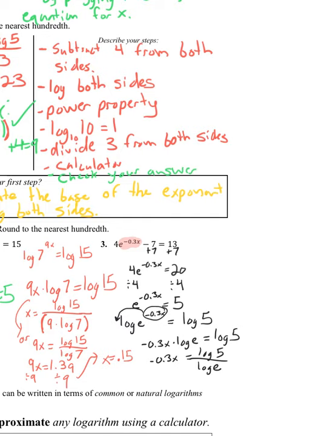And then I'm going to get some weird number. I think in this case it was like 1.61. And then my last step, I'm going to divide both sides by negative 0.3. And I should get x equals, it's like negative 5.37. And then I can go ahead and plug it back into the equation.